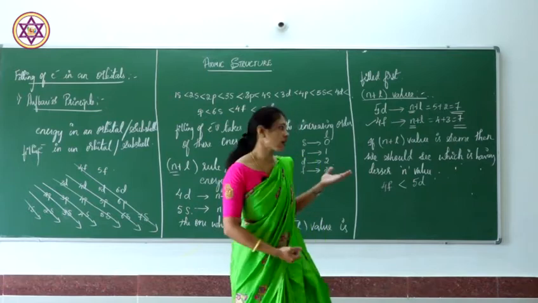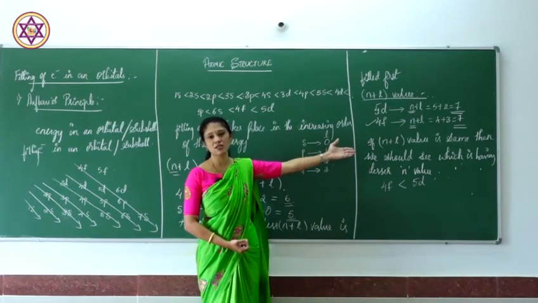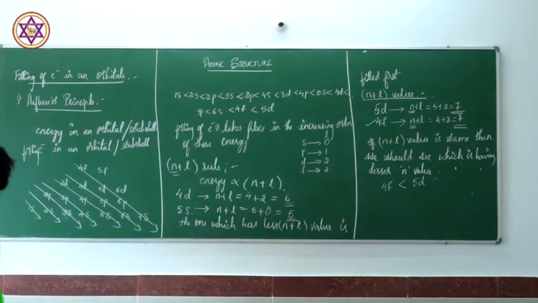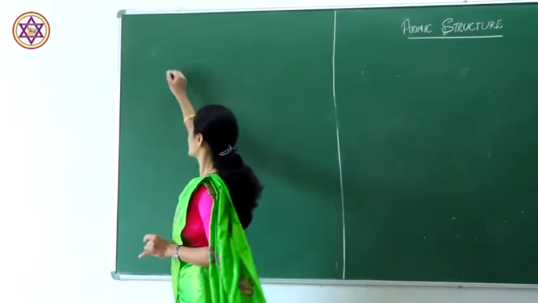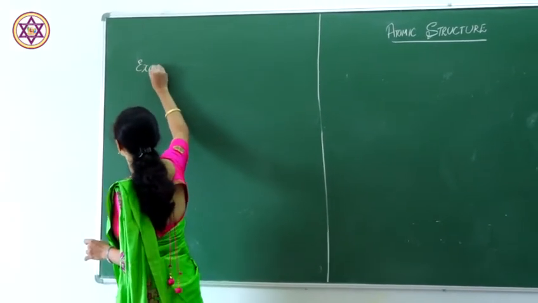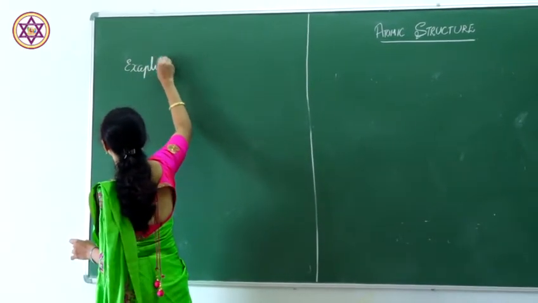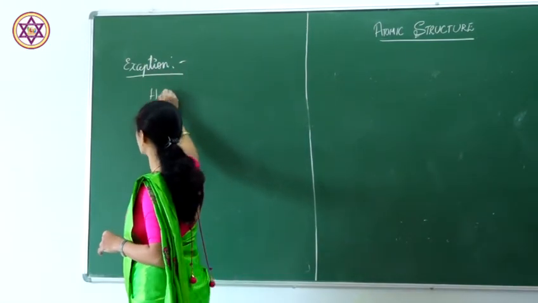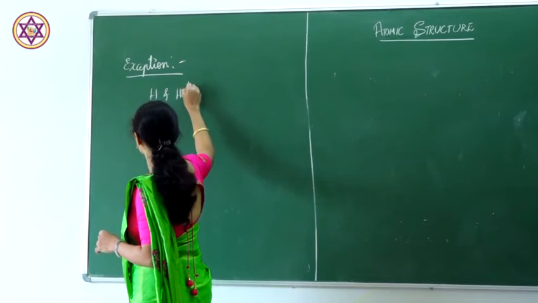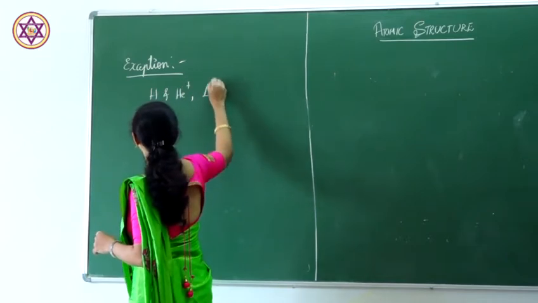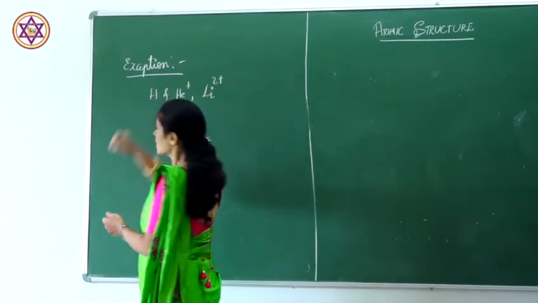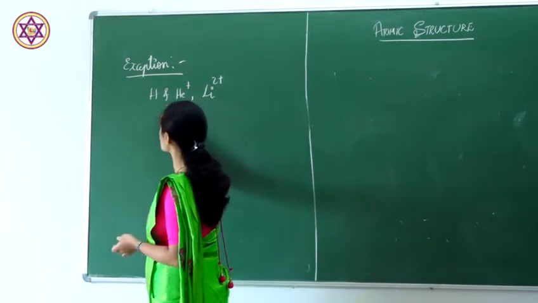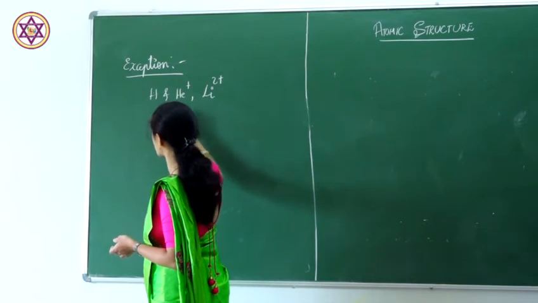We cannot apply this n plus L rule to single electron species. That is the exception case in the Aufbau principle. These three are single electron species.